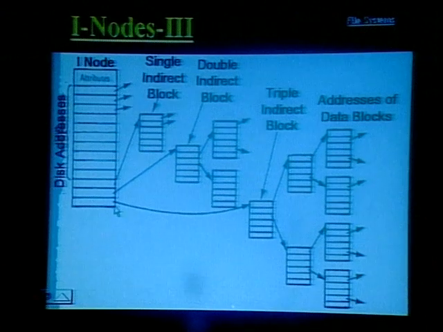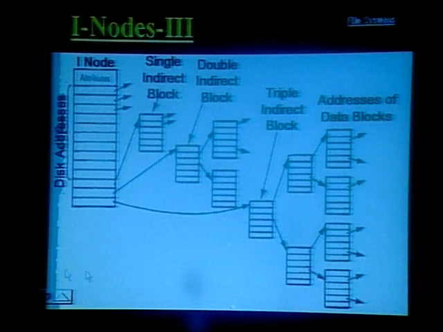In the triple indirect block, we see we have 3 levels. We have one node which contains pointers to the data blocks as well as to another level of nodes, and yet another level of nodes.